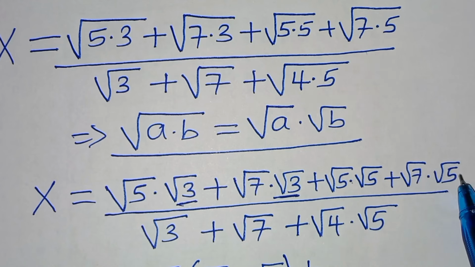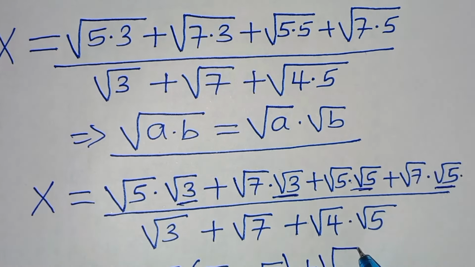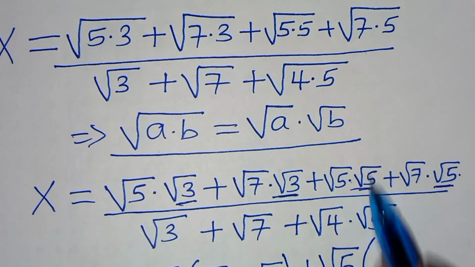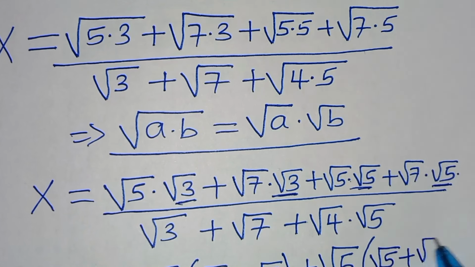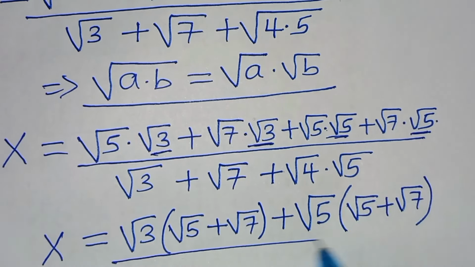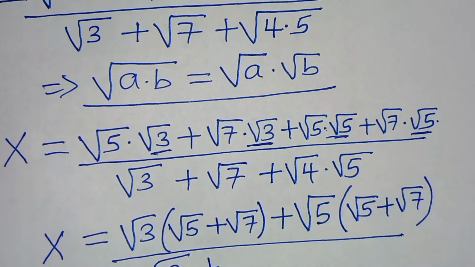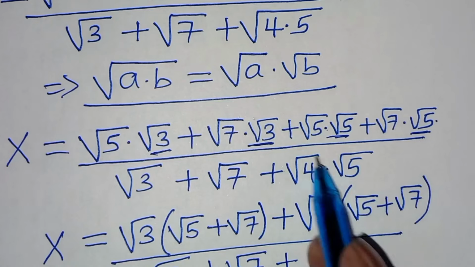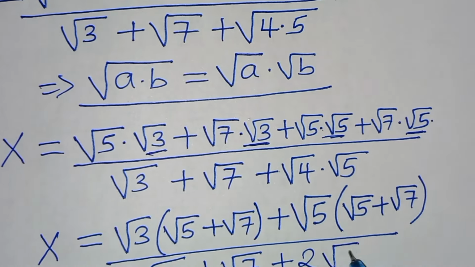So you can see clearly square root of 5 is common here. So let's factor out square root of 5, so that we'll have into the parentheses square root of 5 plus square root of 7. This divided by square root of 3 plus square root of 7, then plus square root of 4, which is the same thing as 2, then square root of 5.